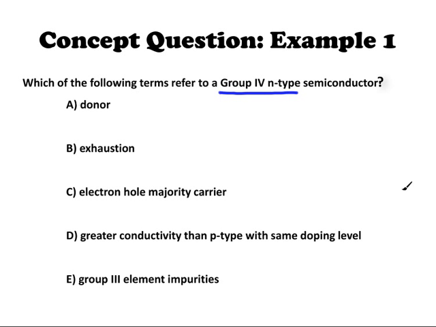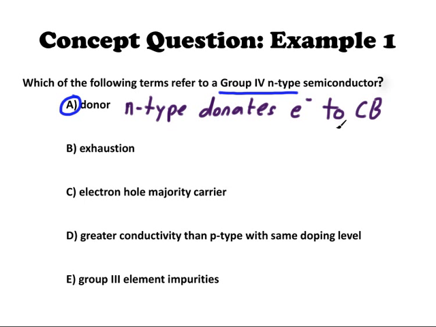A, donor, is a correct answer because N-type donates electrons to the conduction band. So remember that when you have an N-type semiconductor, the impurity atoms contain one more valence electron than the group 4 element, such that the electrons will be donated to the conduction band.